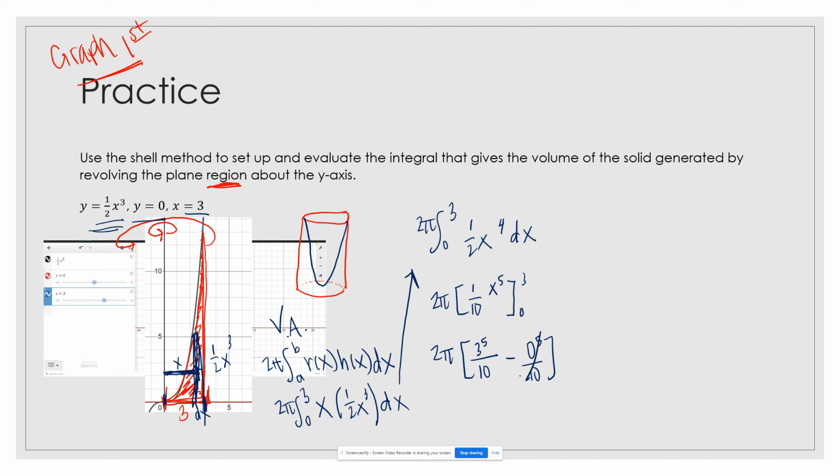This is just 0. 3 to the power of 5 is 243. So this is 2 pi times 243 over 10, but I can reduce the 2 pi and the 10, so that becomes pi over 5. So this is 243 pi over 5.